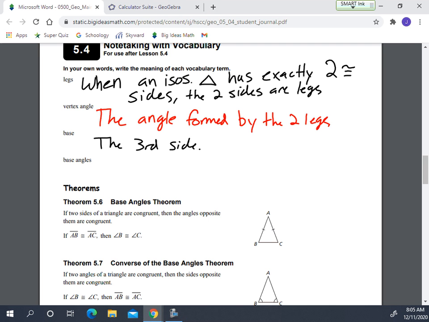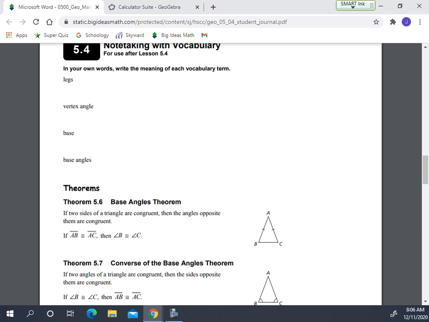And our base angles are the two angles adjacent. Remember, adjacent means next to. Adjacent to the base. Oh, base. Almost forgot an E. That was embarrassing. Okay, there's our definitions. Let me erase it so I can scroll down here. Remember, if you didn't get time to write that, you can always rewind the video.